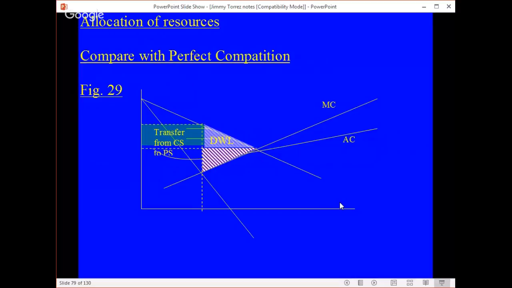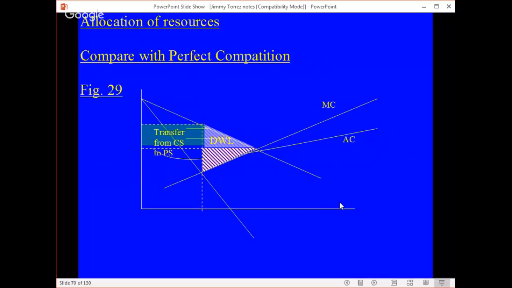So if I had the summation of all the marginal cost curves, I have the market demand curve and marginal revenue. This would be the equilibrium. And we have the competition price and the perfect competition quantity. But a monopoly is going to set the quantity where marginal cost equals marginal revenue, which is here.